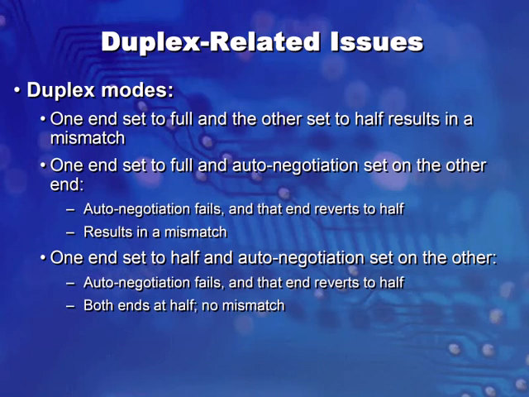Now, what's going to happen here is one side is going to expect carrier sense multiple access with collision detection to be on, and the other side is going to expect it to be off. Transmitting and receiving in both directions on the full duplex side and not doing that on the other side tends to create a big problem. Any kind of duplex-related issue where one side ends up half and the other side ends up full is fairly quick to find because the machines tend to run really slow, if at all, when they're set this way.